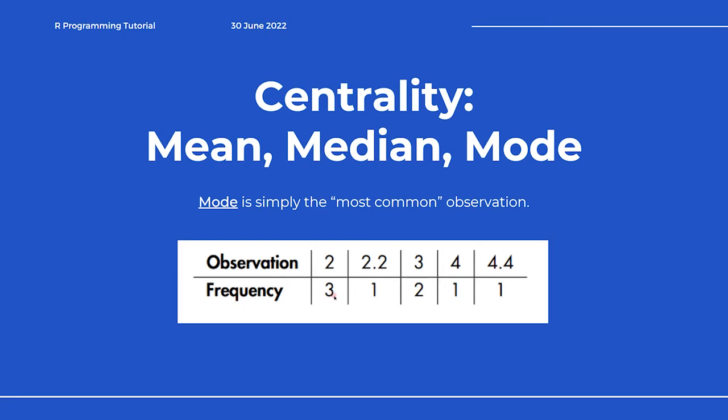The data value of 2 occurred 3 times in the data set. 2.2 has only 1 occurrence. There are 2 occurrences, or frequencies, for the observation 3. So basically it's just the number of instances of each value. So that's the mode.